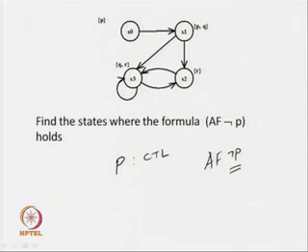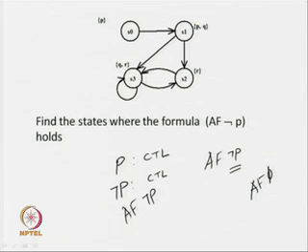Now, if phi is a CTL formula, then not of phi will also be a CTL formula. So, I can say that not of P is also a CTL formula. Now, if we have any phi as a CTL formula, then AF phi is also a CTL formula. So, we will get that AF not of P is also a CTL formula.